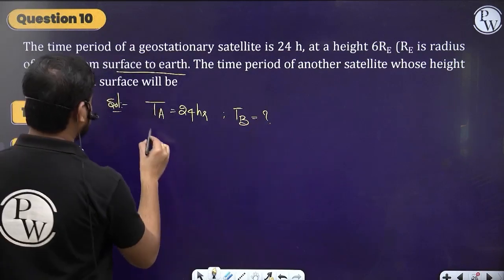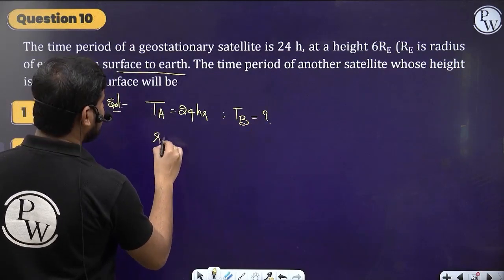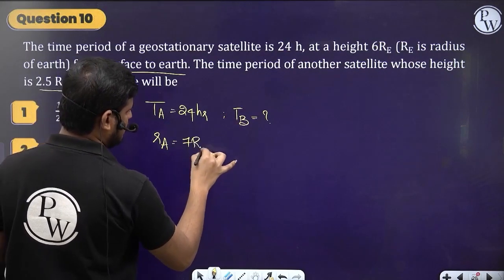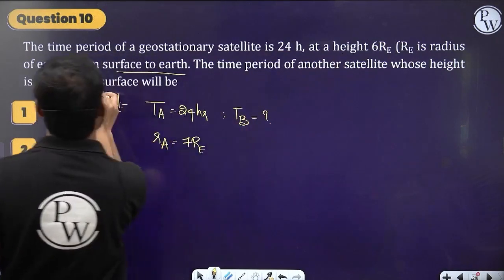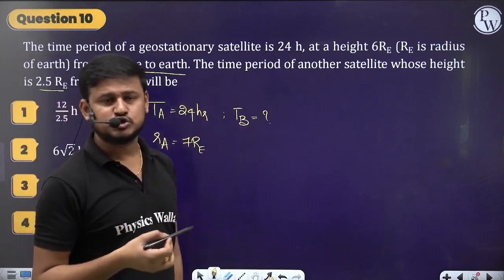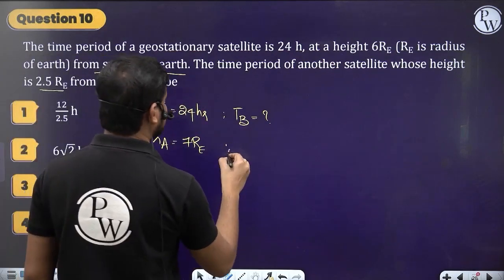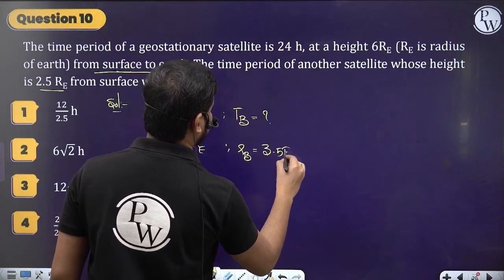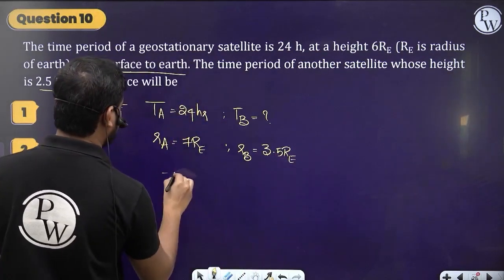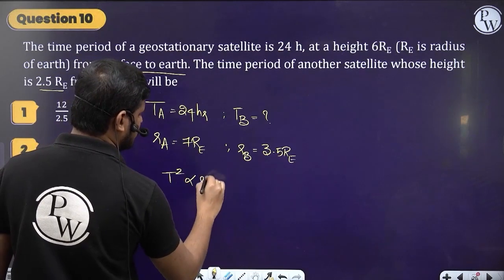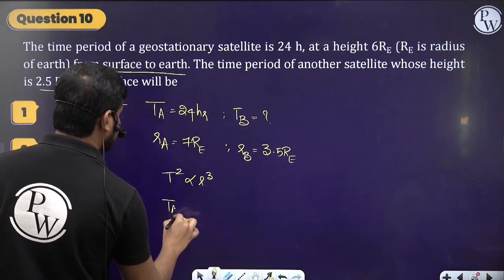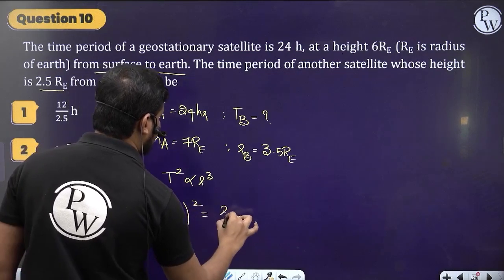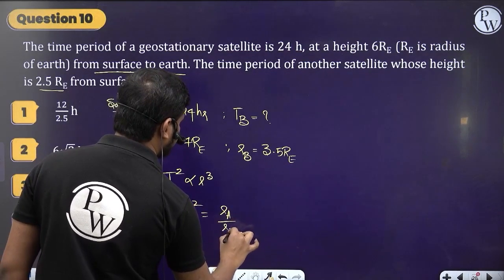The distance of the first one is 7 RE, because it is from the surface of the earth, so radius of the earth also you should add. And RB is 3.5 RE. So we have T square directly proportional to R cube. So TA by TB whole square is equal to RA by RB whole cube.